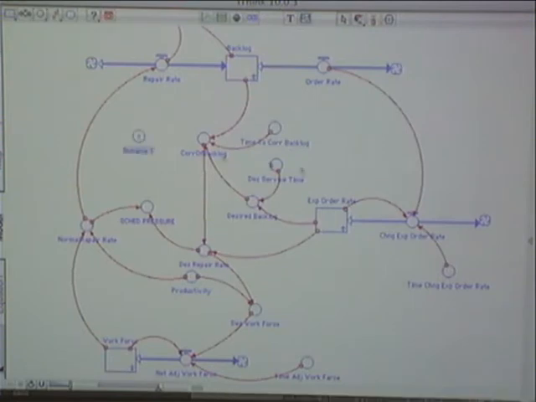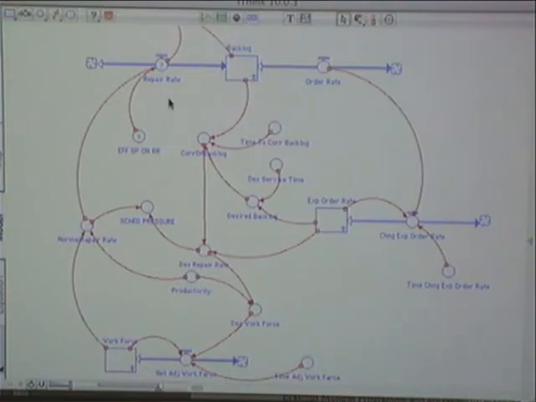I therefore create an effect of the schedule pressure on the repair rates. Normally, when you see in a system dynamics model an effect of something on something else, it indicates that there is a nonlinear table function being produced inside here. And the first thing that I think is important to recognize is how should this be used?